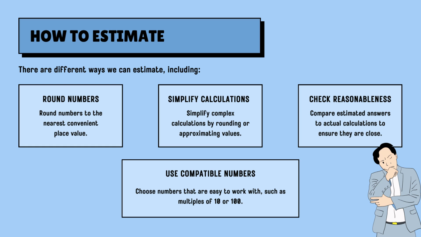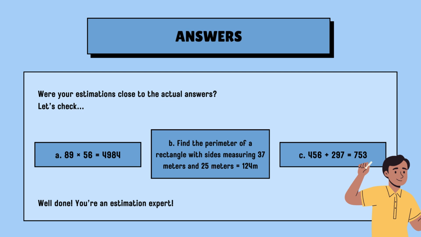We can't actually see that just from estimating, but was your answer close for A, 4,984, for B, 124 meters, and for C, 753? Remember your units, so the meters need to be included. If so, well done. It doesn't have to be the exact answer. Remember, estimation means guessing, but it must be in a range, more or less.